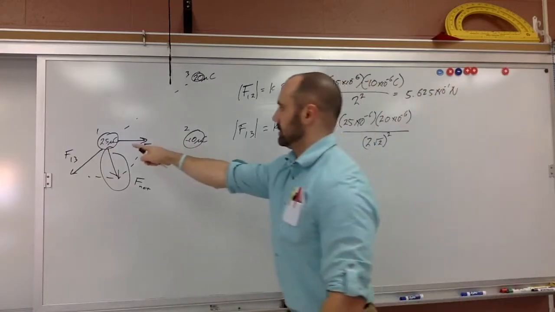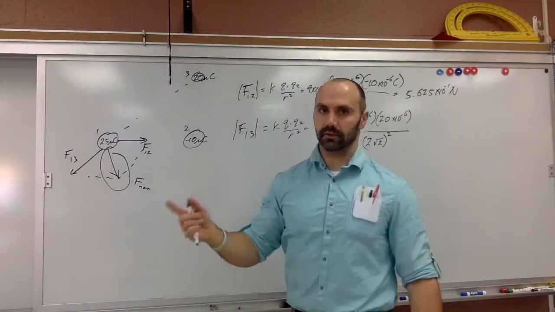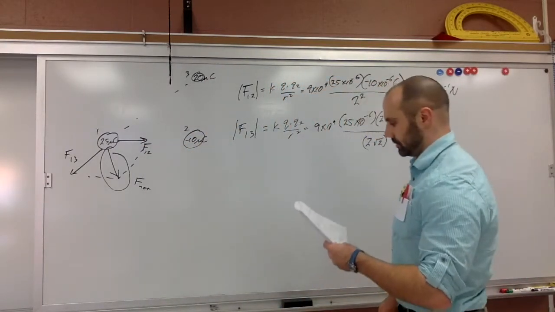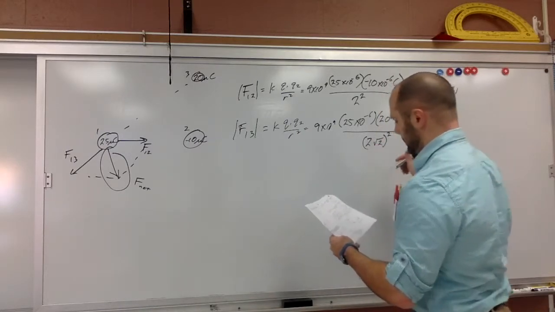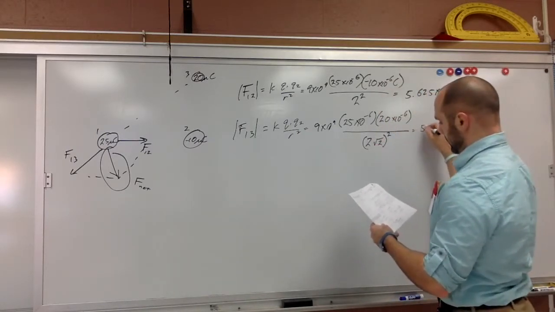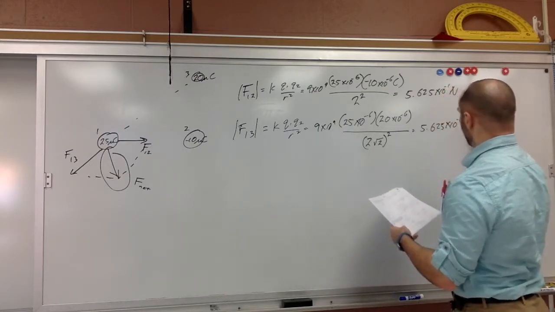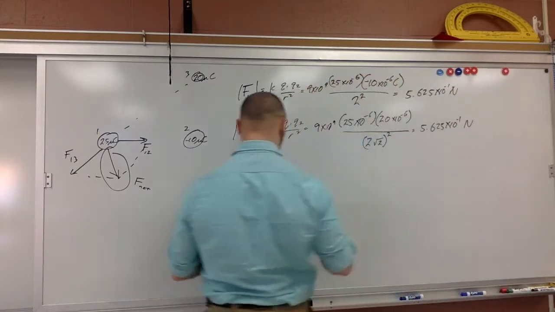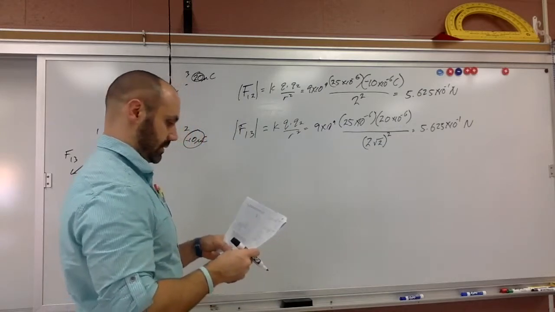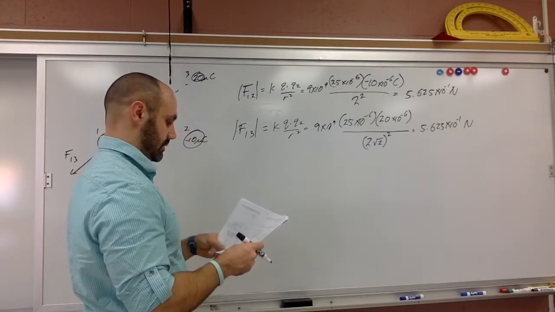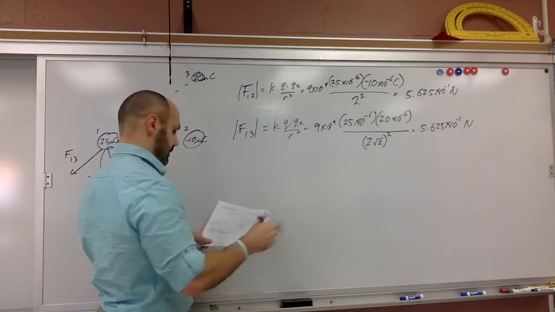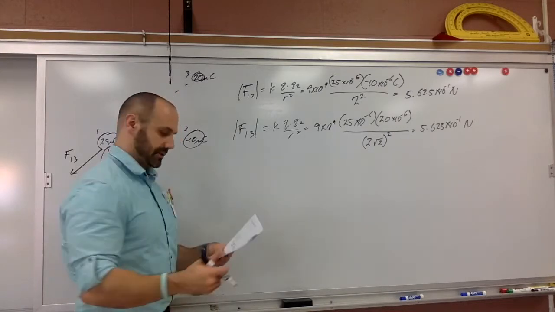Because this is 2 and this is 2, so Pythagorean theorem gives you 2 root 2. Put that whole thing squared. This ends up being 5.625 times 10 to the negative 1 newtons. So they end up being the same. Now I'm going to figure out the direction here.